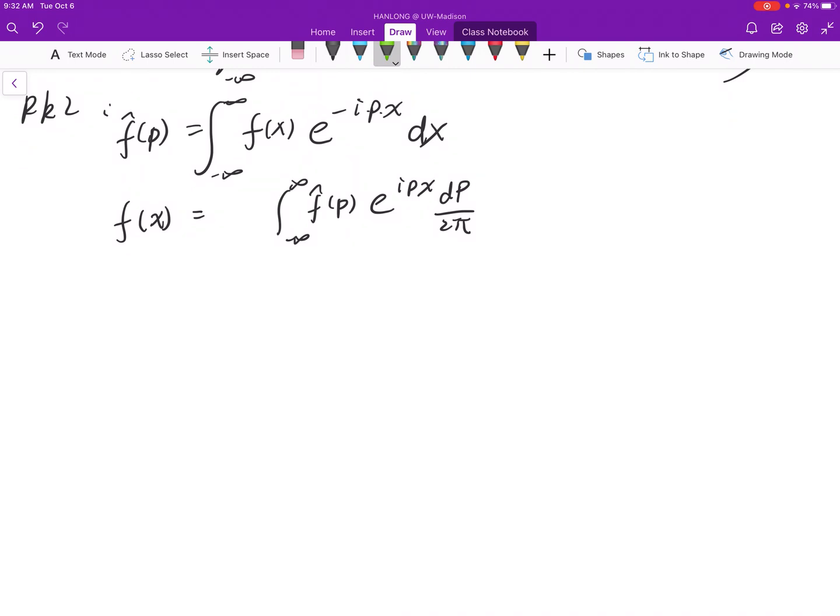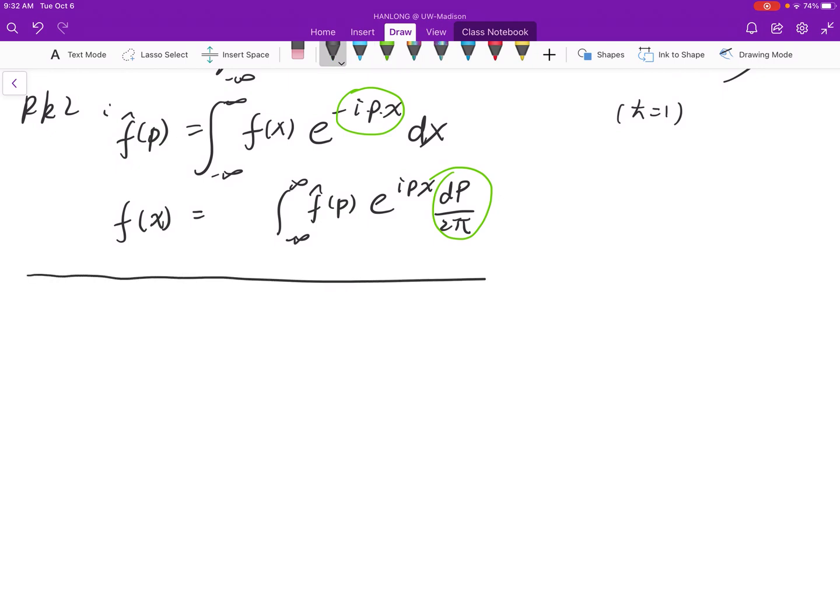In the physics notation, the good point is you don't have the 2 pi over h kind of stuff here; you actually take h bar to be 1. So the exponent is kind of clean, but the disadvantage is when you do the Fourier inverse transformation, you have dp over 2 pi.